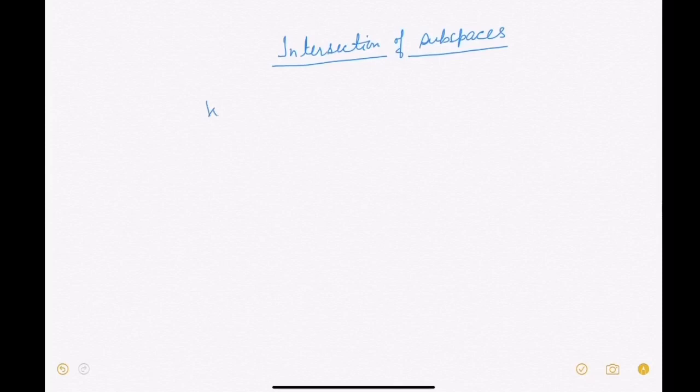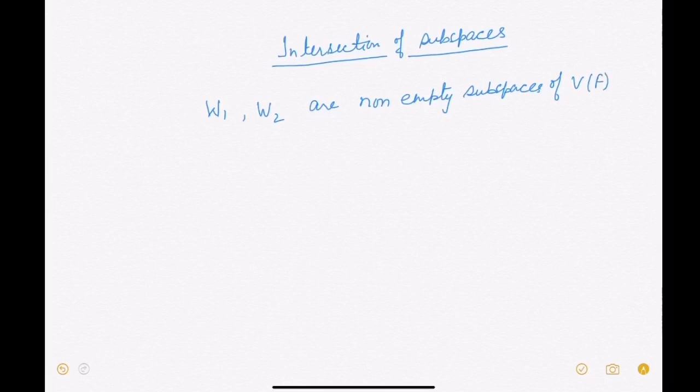Suppose W1 and W2 are non-empty subspaces of vector space V over field F. Now the question is whether W1 intersection W2 is a subspace or not.